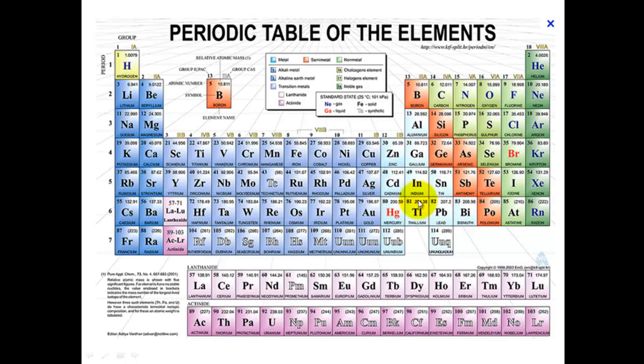Let's have a look at a harder one. Gold has an atomic number of 79, so it must have 79 protons, and in an uncharged atom it will have 79 electrons. So the smaller the number here will always tell you how many protons and how many electrons in an uncharged atom.